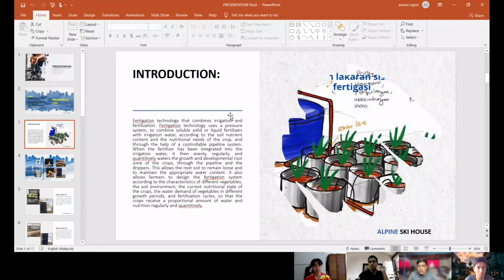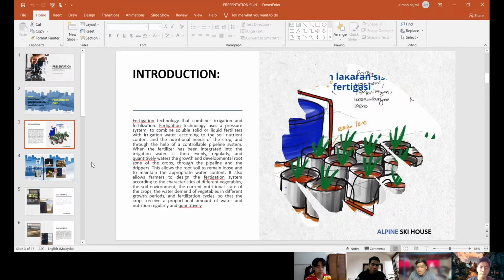This allows the root soil to remain loose and to maintain the appropriate water content.